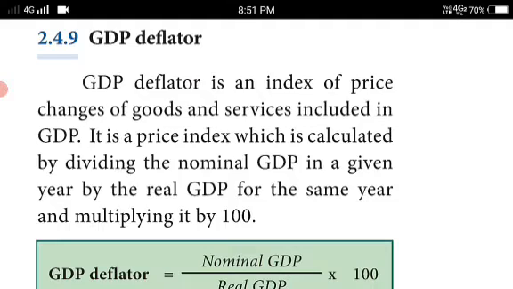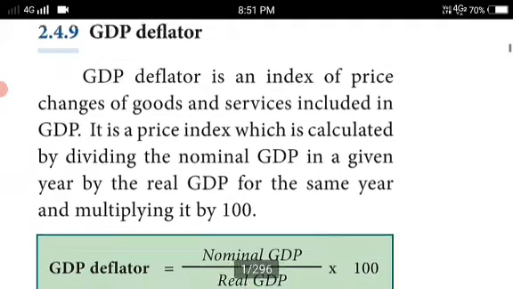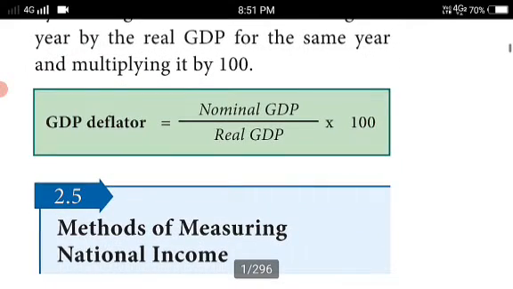It is a price index calculated by dividing the nominal GDP in a given year by the real GDP for the same year, multiplied by 100. The formula of GDP deflator is nominal GDP divided by real GDP into 100. This is the formula. A 2 mark question may be asked.